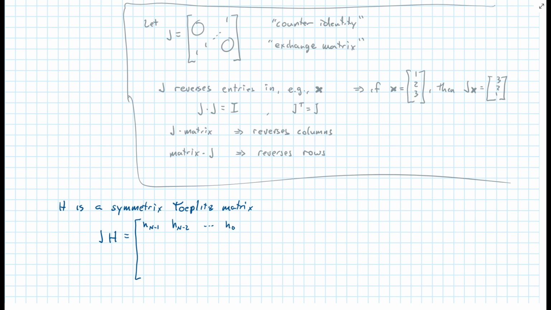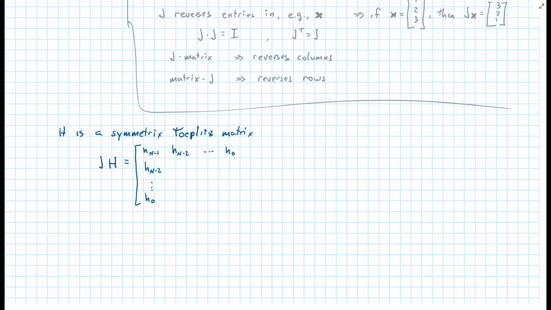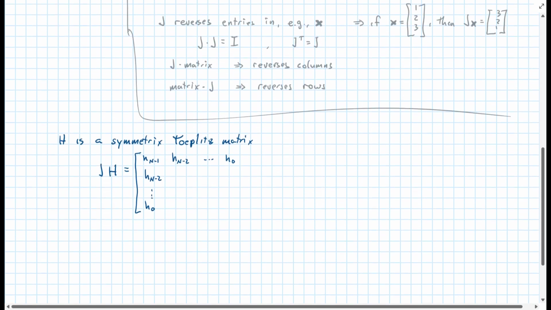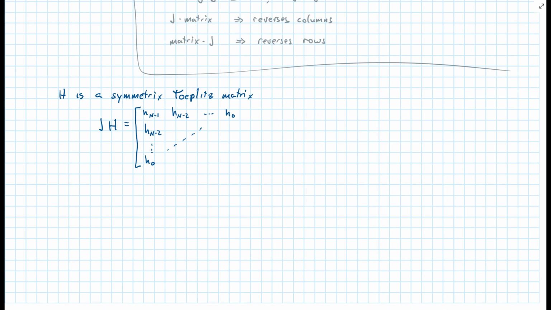To h0, this will be h n minus 2, all the way up to h0 at this point. So we used to have h0 on the diagonal, and now h0 is sitting on this, I don't know what it's called, cross diagonal, I guess. So h1 to hn minus 1, h1, and so on.